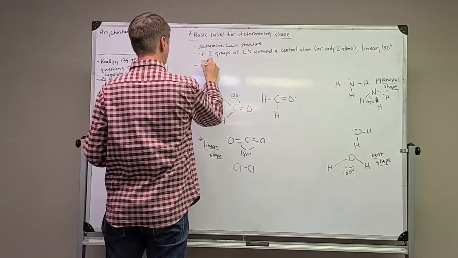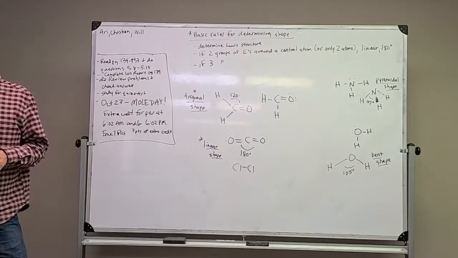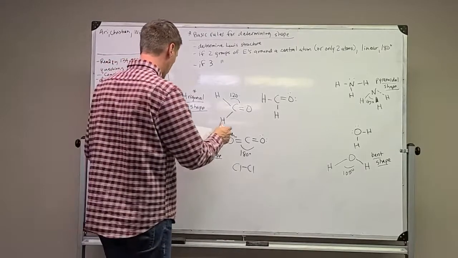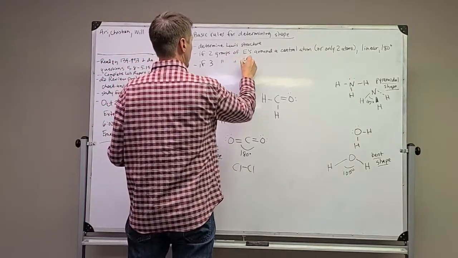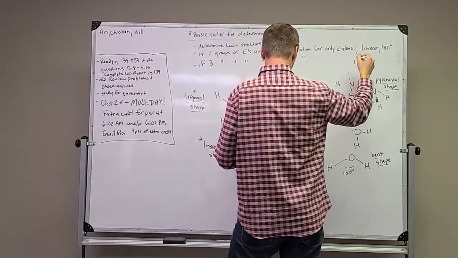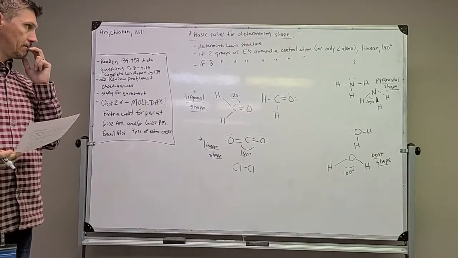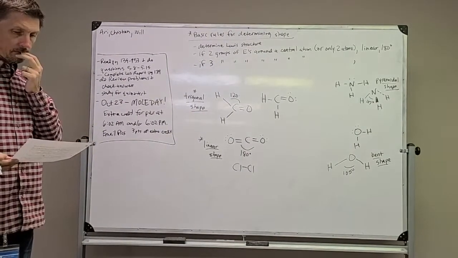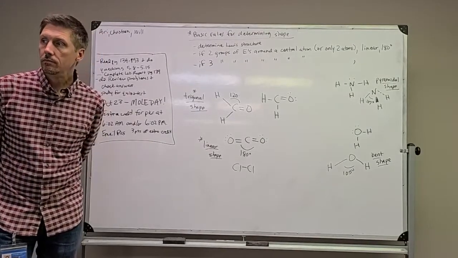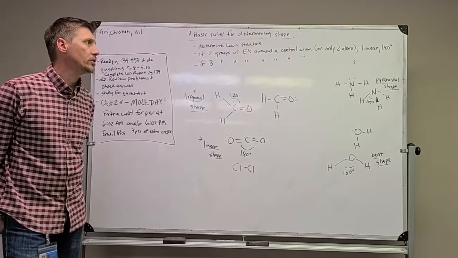If, and I'm just going to use the double quote to show I mean the same word that's above, three groups of electrons around a central atom, then what's the shape name? Anybody know? Three groups of electrons around the central atom.